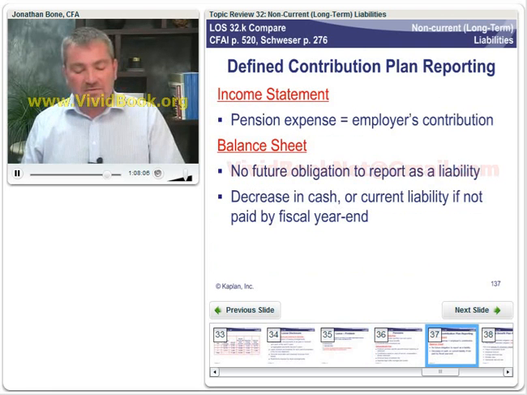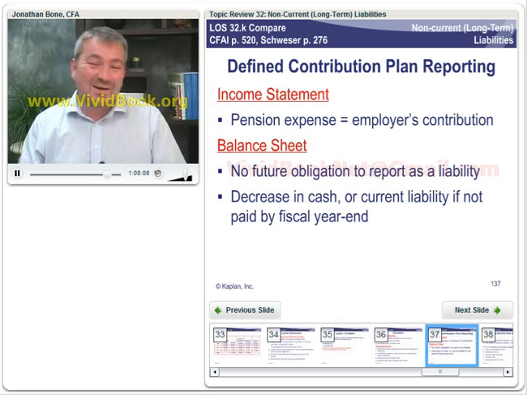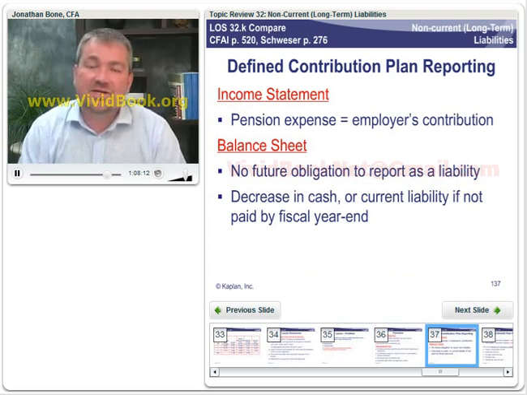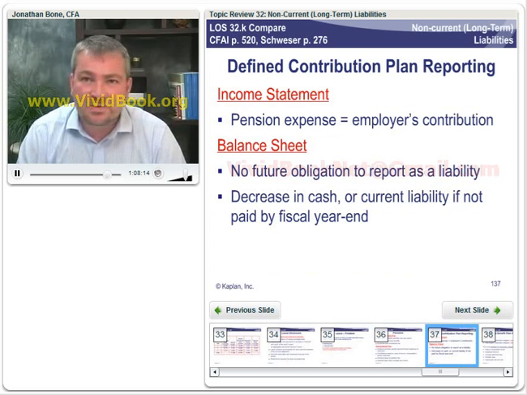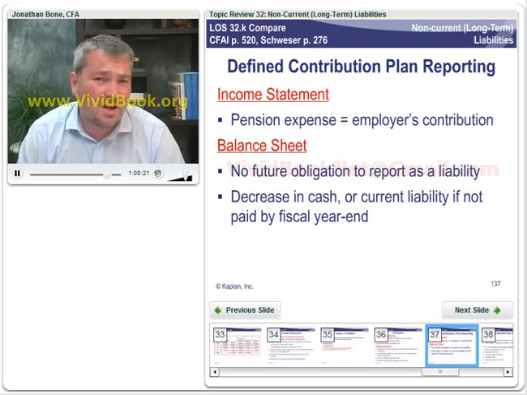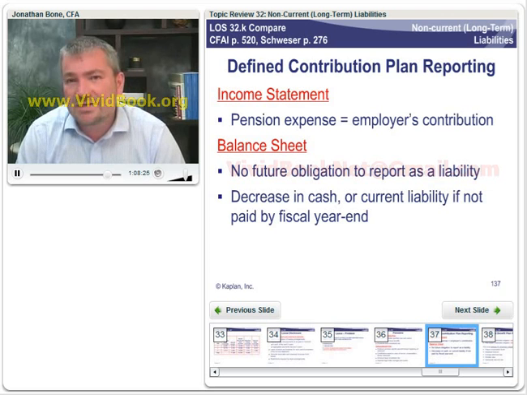Now, of course, we're in financial statement analysis, so it's the accounting that we're interested in. We need to compare the presentation and disclosure of defined contribution and defined benefit. Now, defined contribution, the accounting is a piece of cake, no problems with it at all. What goes through the income statement in the pension expense is simply that year's employer's contribution.